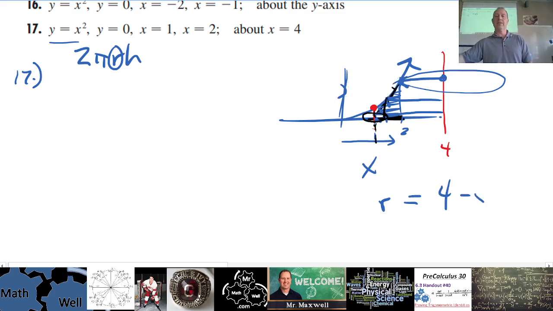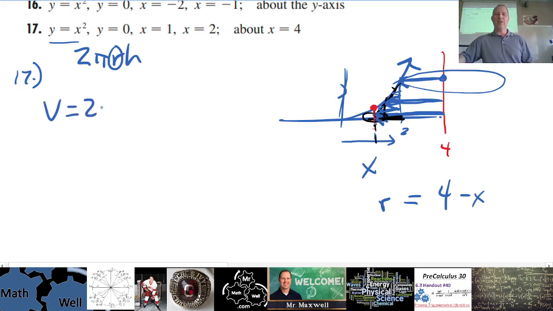So the first one's going to be 4 minus 2, which is a radius of 2. Then 4 minus 1.5, which is a larger radius of 2.5. And then 4 minus 1 is going to be 3. That is the largest radius that's represented. Okay? So the radius is 4 minus x here.